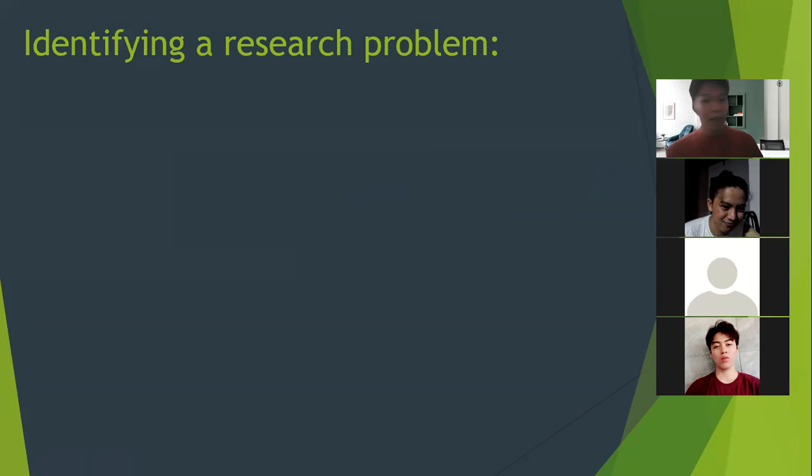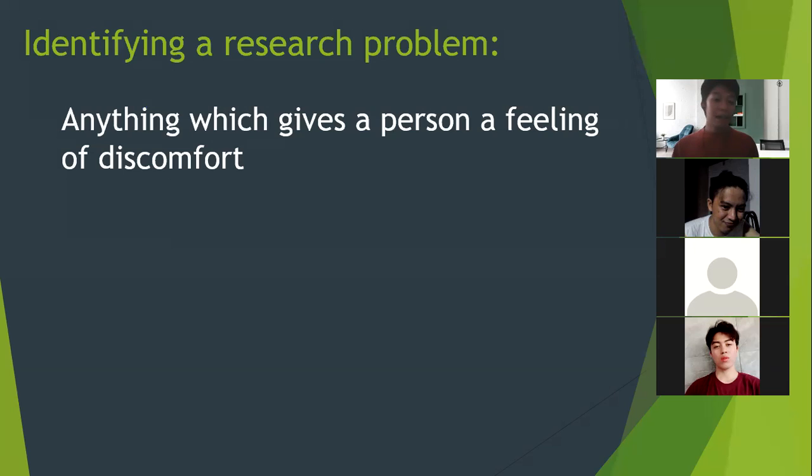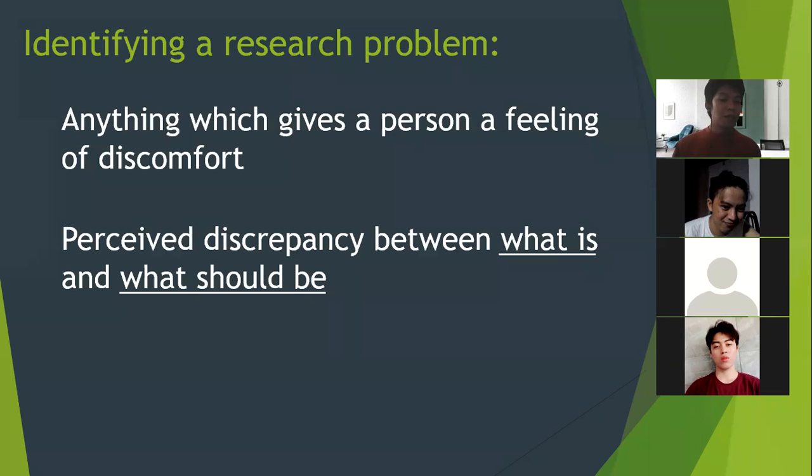Okay. Before you can write a research introduction, you need to identify the problem first. What do you mean by that? Anything which gives a person a feeling of discomfort, anything that gives you a feeling of uneasiness, anything that bothers you, or something that stirs up your curiosity. A perceived discrepancy between what is and what should be.